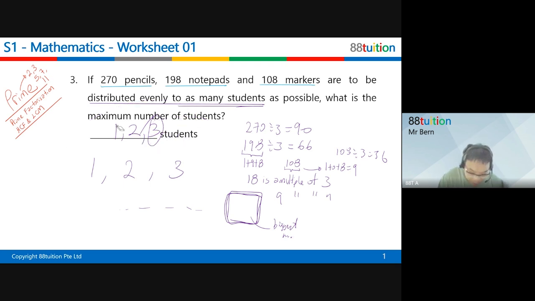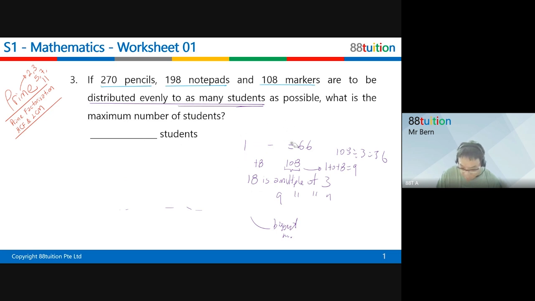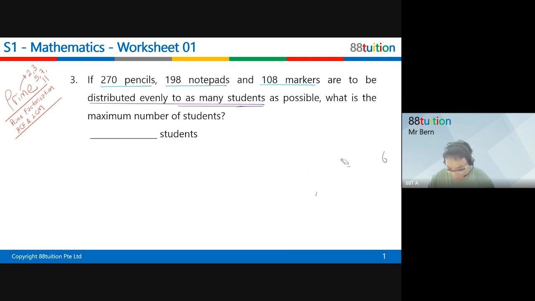For this type of question, in future, one look, you must know what kind of question it is. Is it a HCF or LCM? This type of question is what I call a HCF kind of question. Highest common factor kind of question.